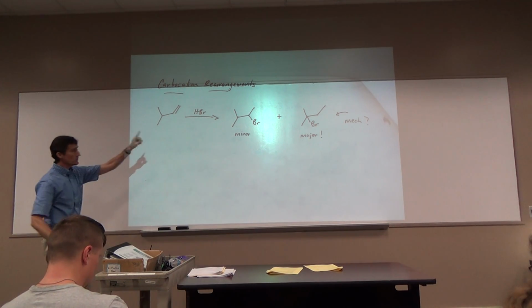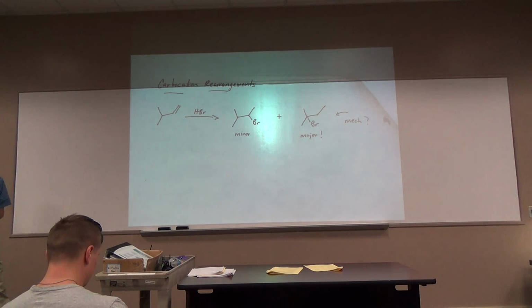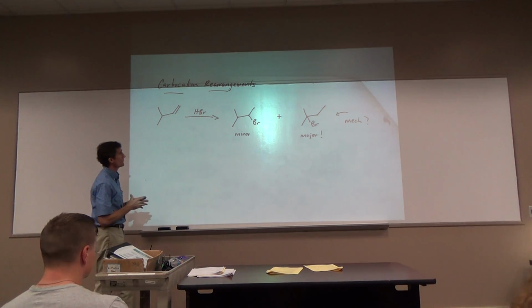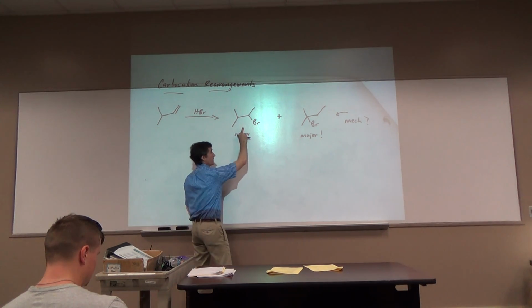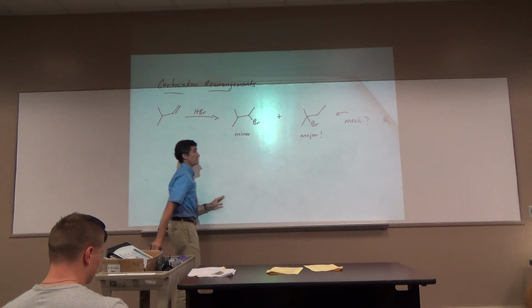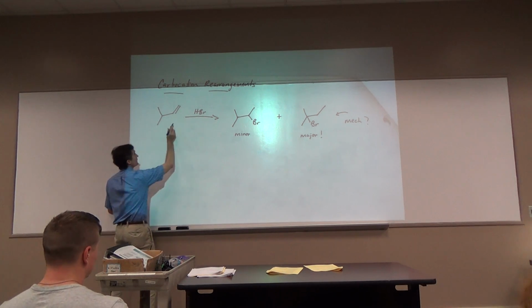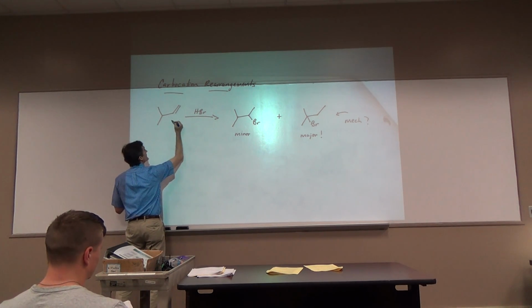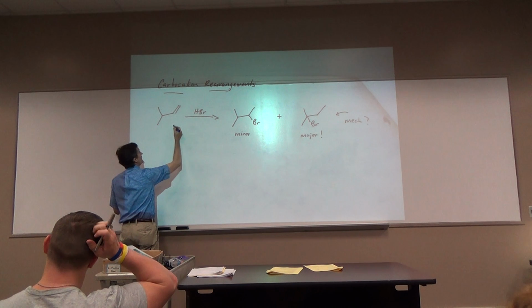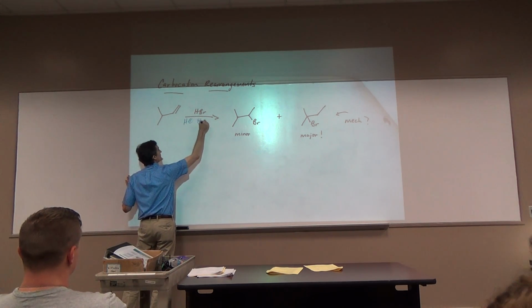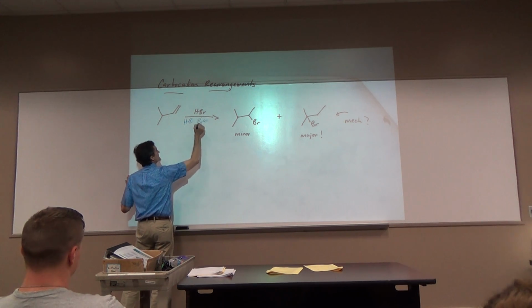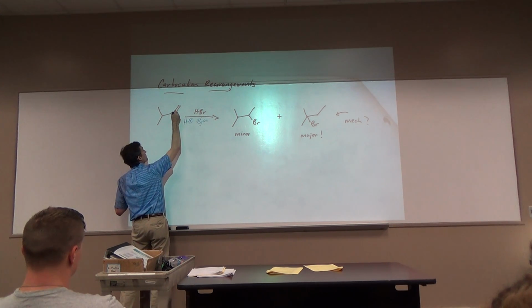Take this alkene, we're going back to HX, HBr. This is a minor product. We actually get that as a major product. How? Let's look at this. Where are you going to make the cation? Top or bottom? Bottom. Well, let's go ahead and do this. H plus, Br minus. These electrons pull away from the bottom.